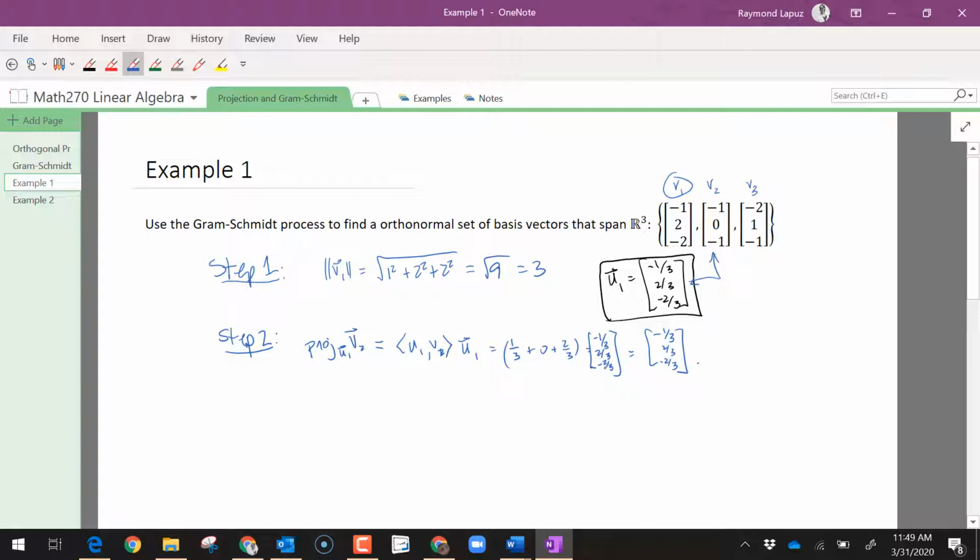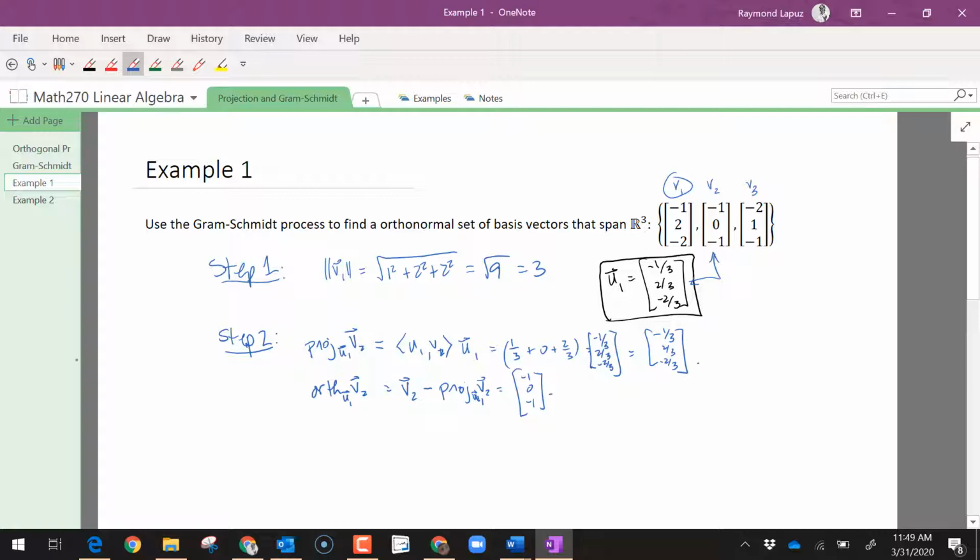Okay, now we need to subtract to get our actual orthogonal vector. So the orth of v2 onto v1 is going to be v2 minus the vector that we just found, the projection of v2 onto v1, or u1. So v2 was minus 1, 0, minus 1.